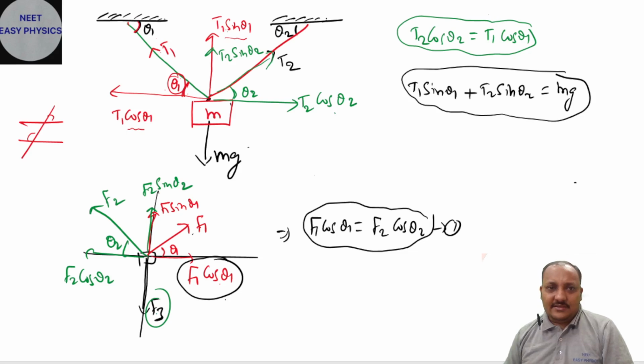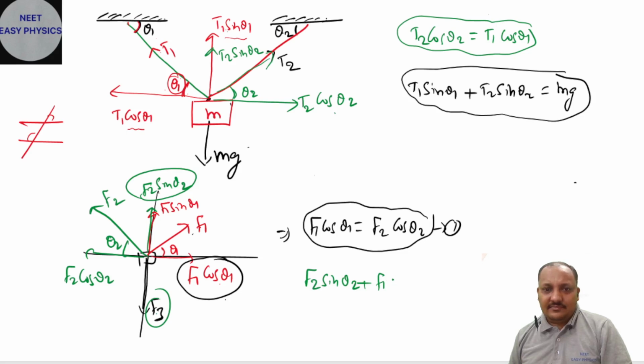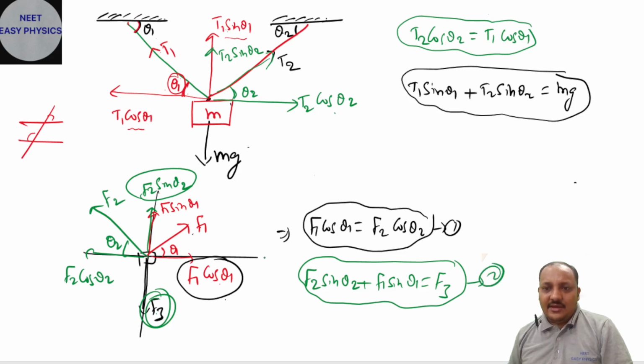Next, second equation, upward forces: F2 sin theta 2 plus F1 sin theta 1 should be equal to F3. Like this, we are going to take it at equilibrium position. If you take it like this, your problems are going to become easy. So, this is about equilibrium position.